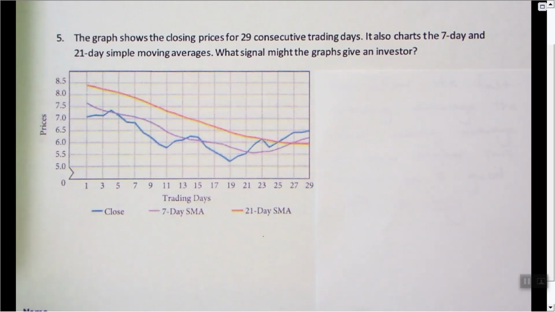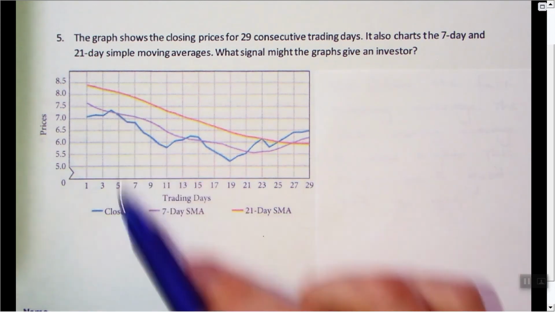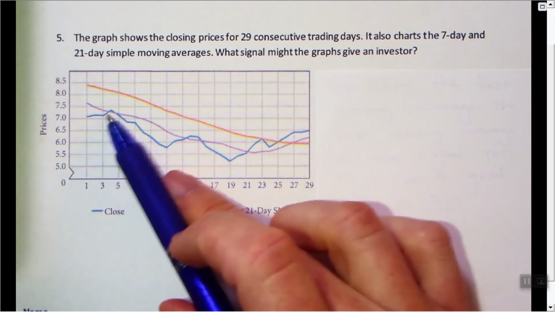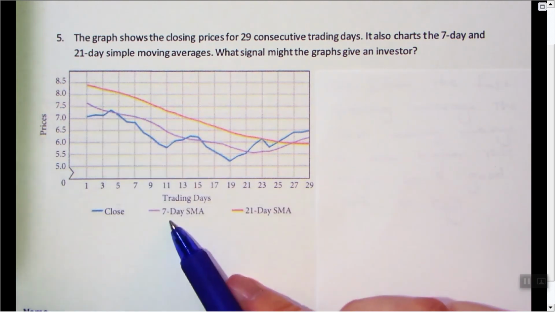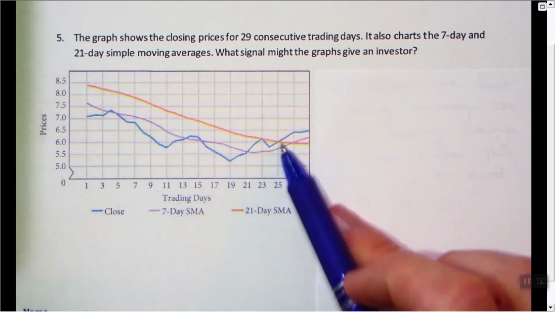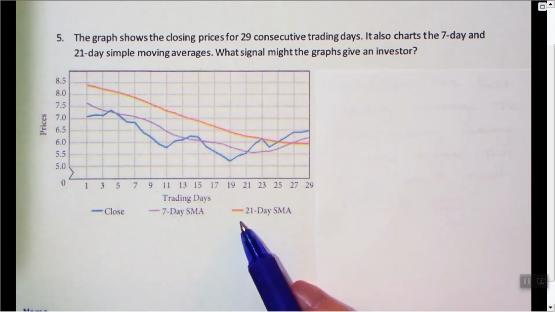The last idea to talk about in this video is the idea of crossover. So here we have a graph where the close prices are listed in blue, and the purple is the 7-day simple moving average, and the orange is a 21-day simple moving average.